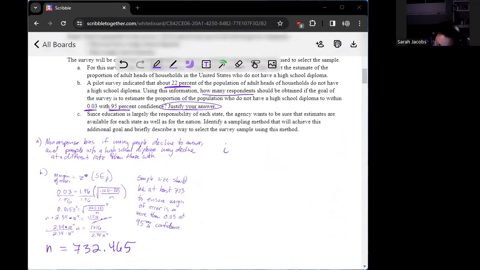Okay, so for C. In this case, I would use stratified random sampling with states as strata.